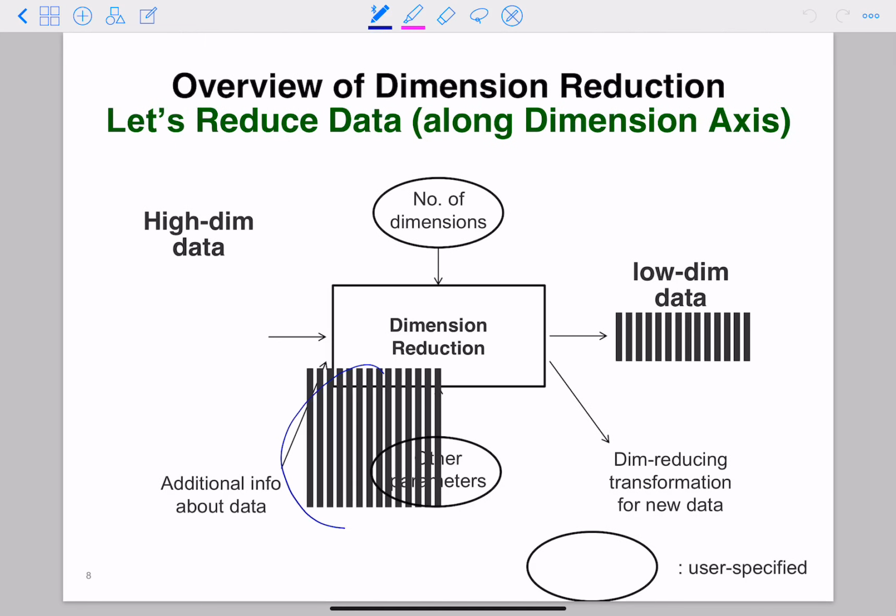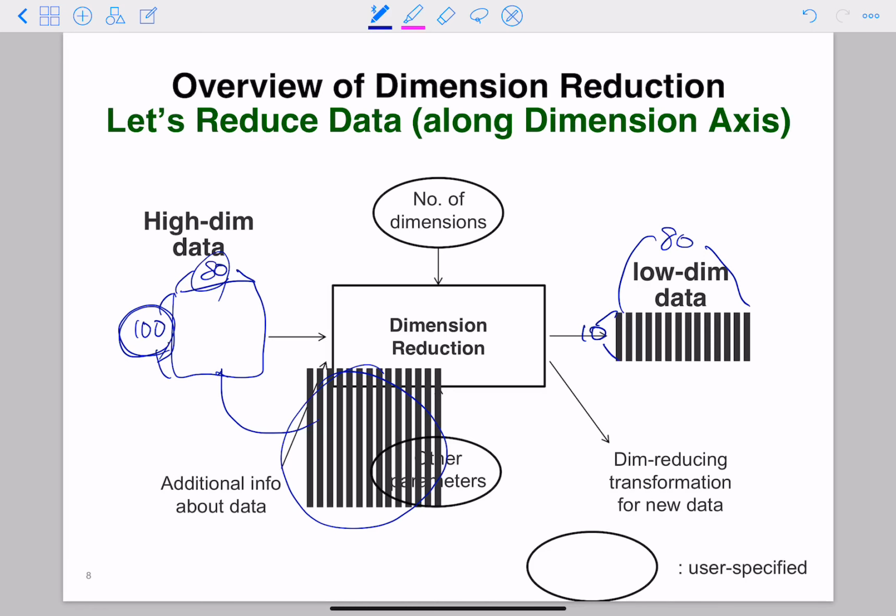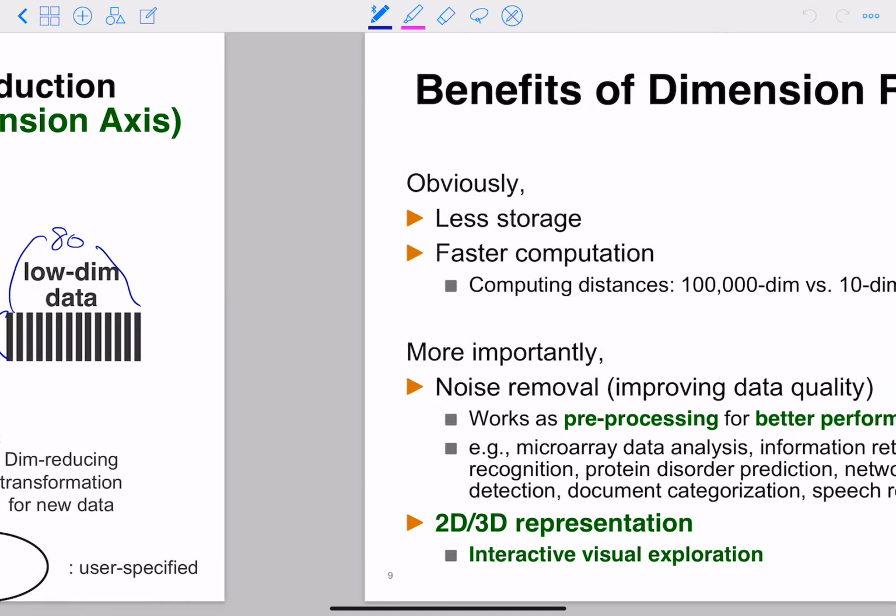Given these high-dimensional vectors, 100 by 80, so 100 features and 80 data items, in dimension reduction the 100 is reduced to maybe 10, for example, and the number of data items stays the same. For each data item, we reduce the original dimension of 100 into a 10-dimensional representation.